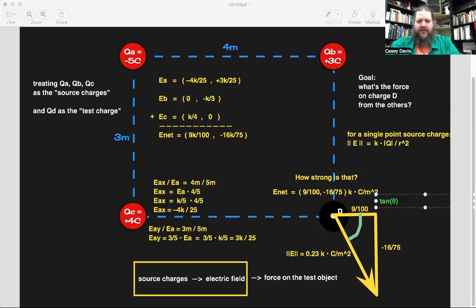So tangent of this angle is going to be opposite over adjacent. And then if we just take the inverse tangent of that ratio, so inverse tangent of negative 16 over 75 divided by 9 over 100, I'm getting about negative 67 degrees.